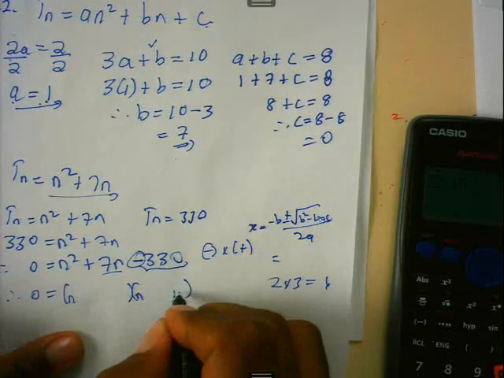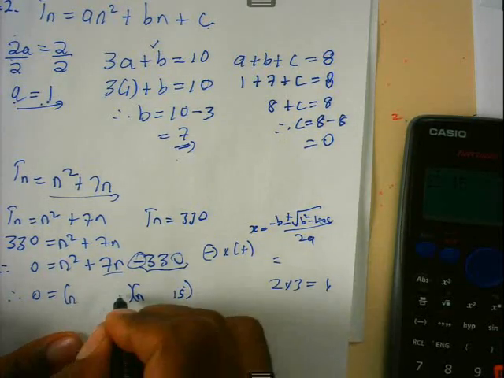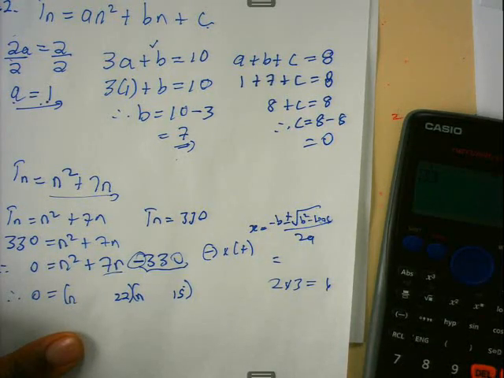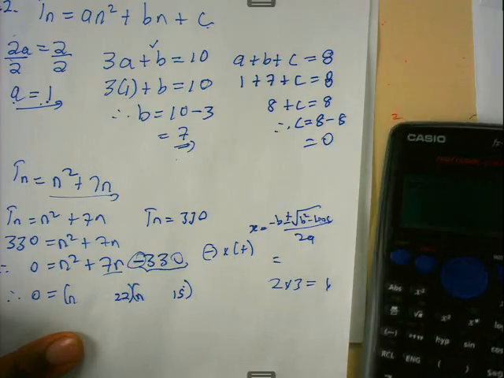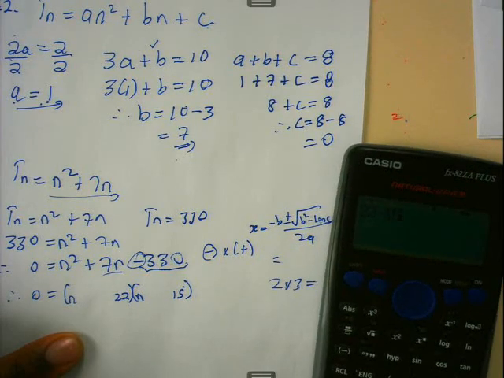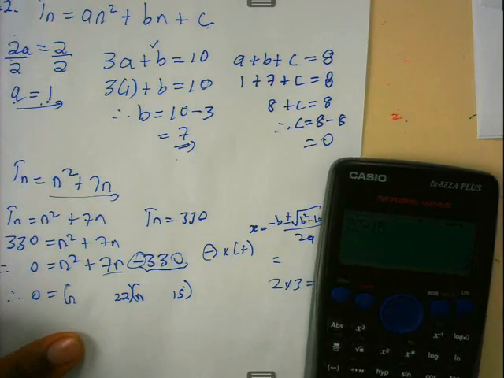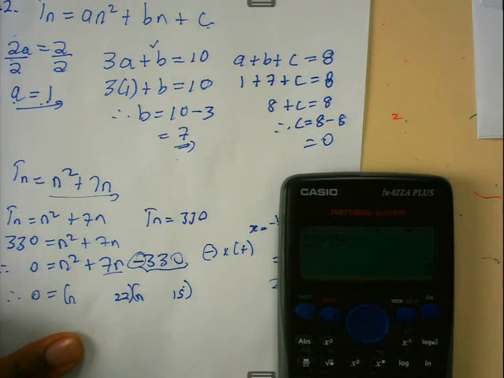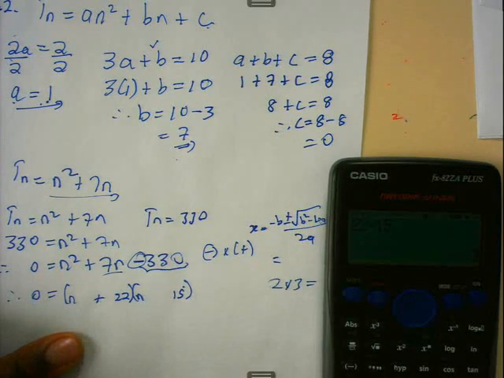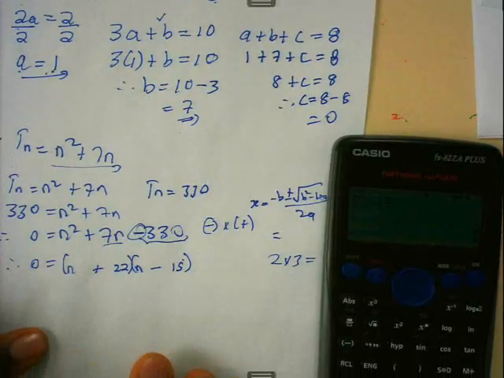Now, this one here will be 15, and the other one then will be 22. You remember 22 multiplied by 15 is exactly 330, and also 22 minus 15, the difference there is 7. Now, the question is which one must be positive? Of course, 22 must be positive, and therefore 15 is negative.